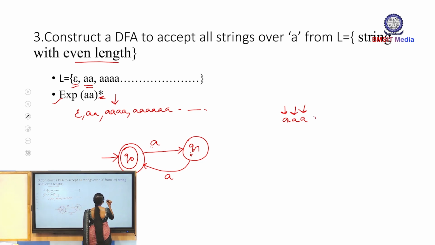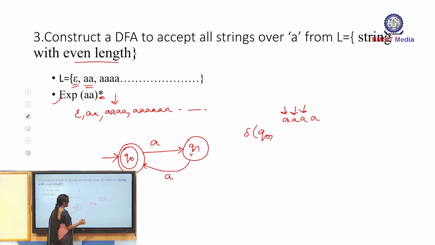Now let me assume I have 4 A's, and then let's see the transition. I'm going to start with delta from the state Q0, because this is my current state. On accepting the first input symbol, which is A, it makes a transition to the next state, which is Q1.